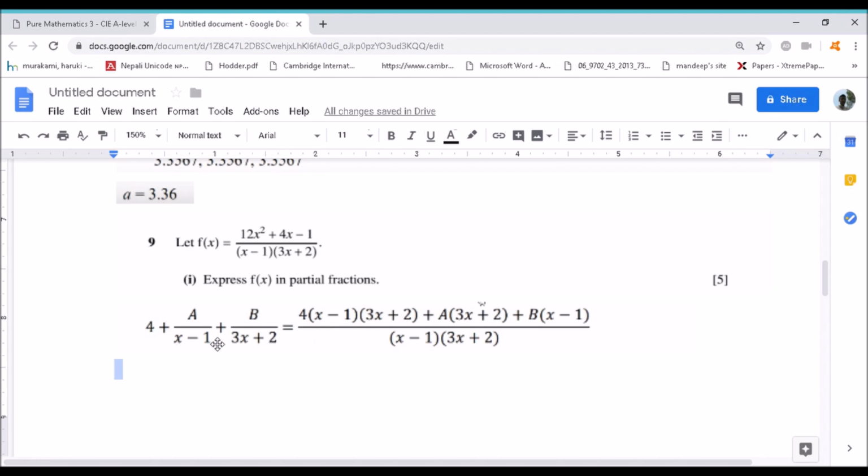Now we just use the LCM thing, so 4 times (x minus 1)(3x plus 2) plus a times (3x plus 2) plus b times (x minus 1), divided by (x minus 1)(3x plus 2).